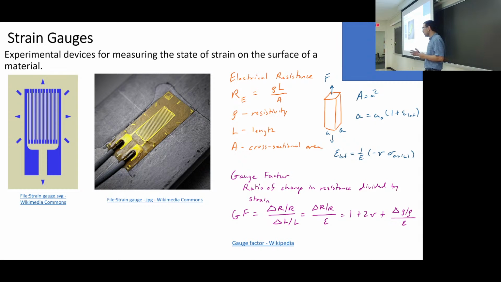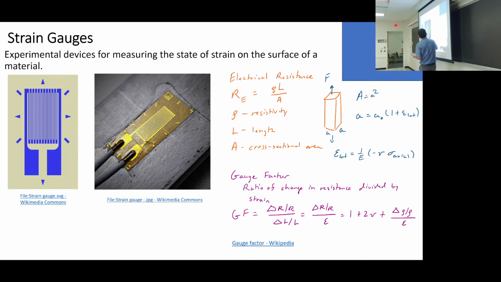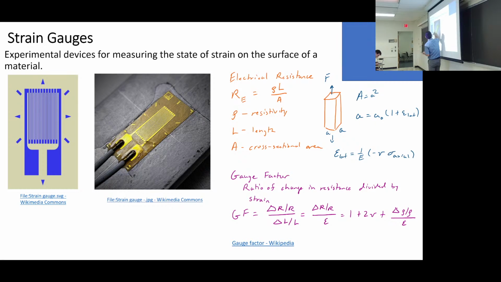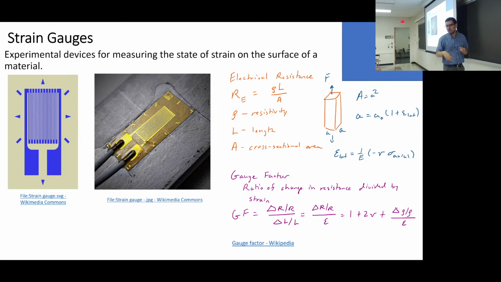Now, regardless, you see the path of the electrode goes back and forth, back and forth, back and forth. The reason it does that is because the more wire you have experiencing this, the more wire you're stretching in series, so these are essentially wires in series with each other, the larger the effect is going to be.